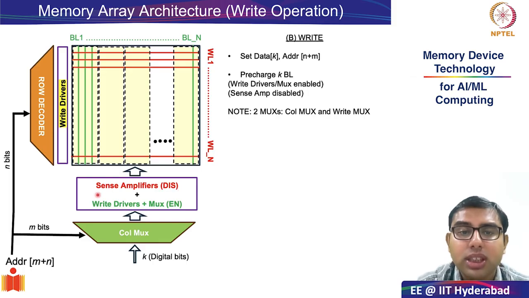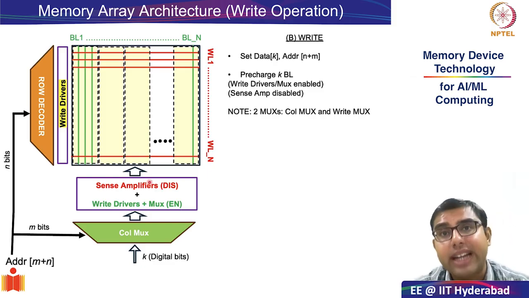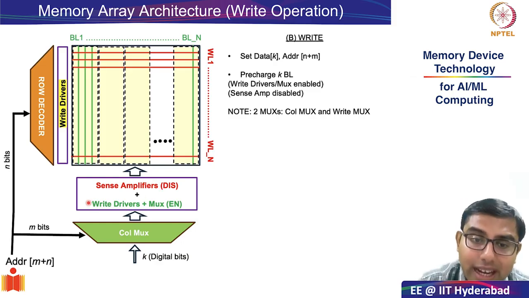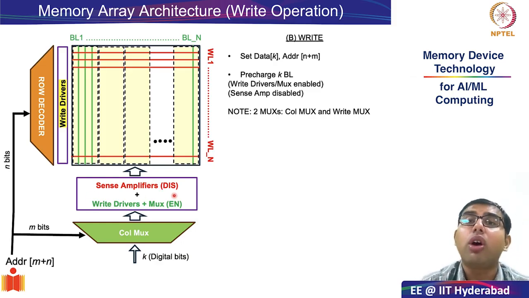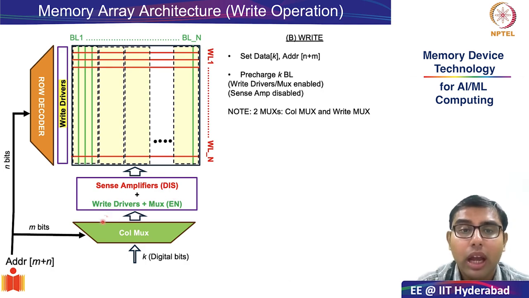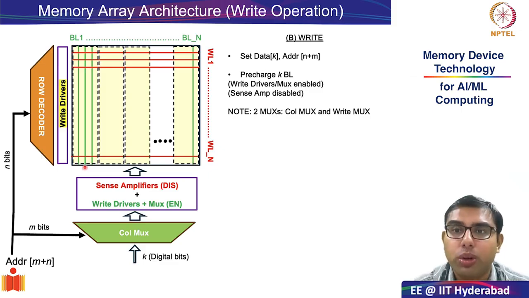These write drivers become active in the write cycle, and the sense amplifiers are disabled during the write cycle. So these write drivers, along with something called the write mux, which we will describe very soon, are enabled, and these write drivers select which relevant bit line from the 2 to the power of m bit lines in each page are to be written into.